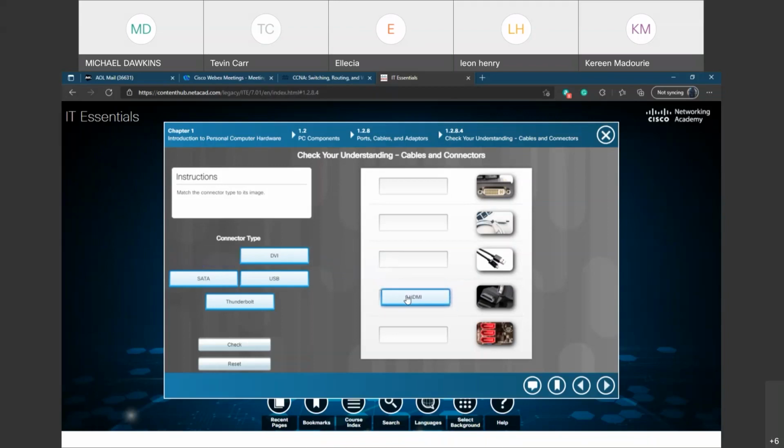Okay, that's one for male. DVI. 1. Okay. All right, I'm going to have to divide it up differently. SATA is SATA. All right. 5.